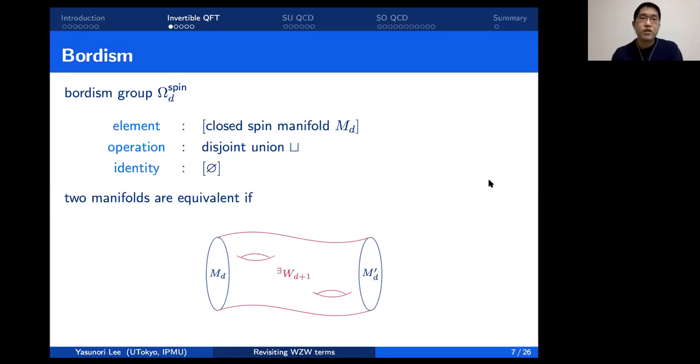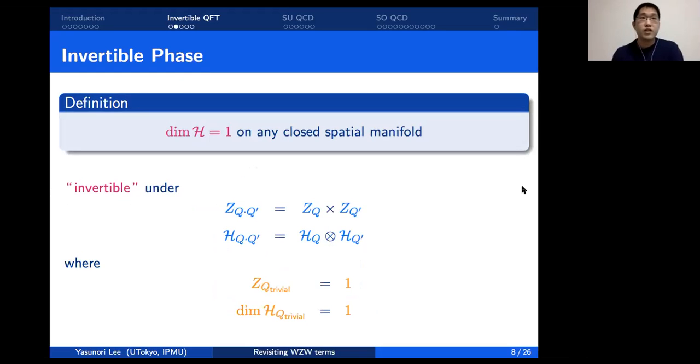For our purpose, the structure we want to consider in addition to spin structure is the map from the manifold to the sigma model target space X. And this defines the relevant Bordism group Omega_d^spin(X). So that's the one notion.